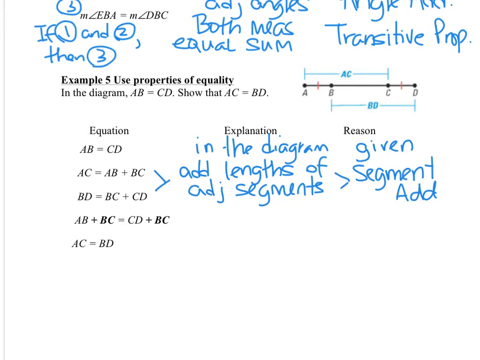Now what am I doing? From the prior step, I'm adding the same thing to both sides. From this step up here, I'm adding BC to both sides. This is the addition property.